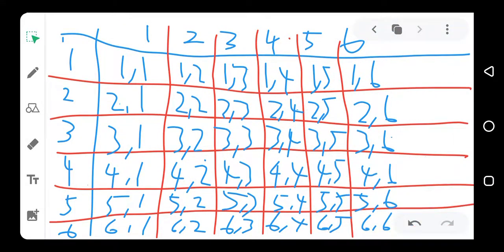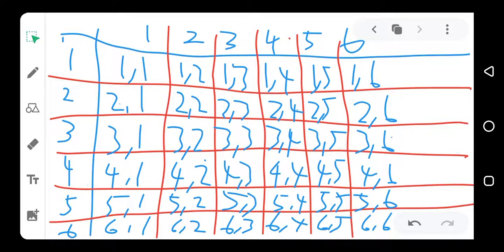We look for the two numbers that when we add them, sum means addition, it is going to give us 7. That is the equation. So all these ones here, we'll be looking at them one by one to know the ones that when we join them, it will give us 7.